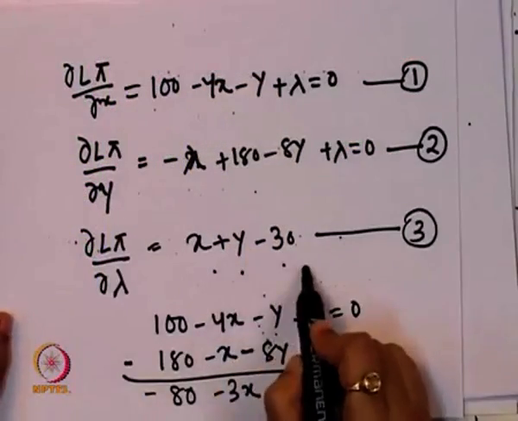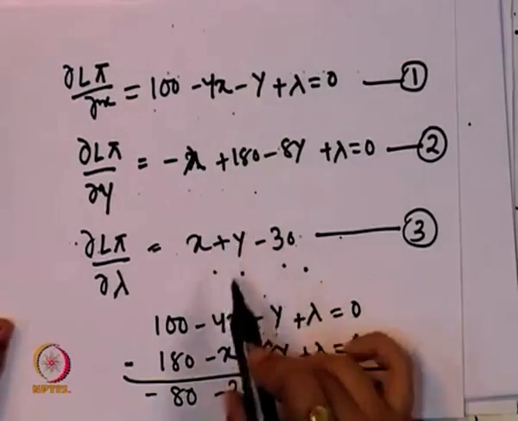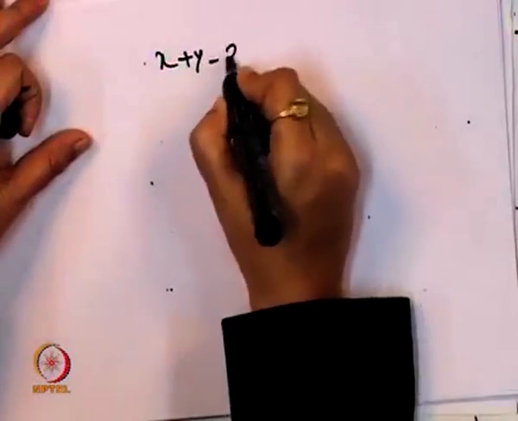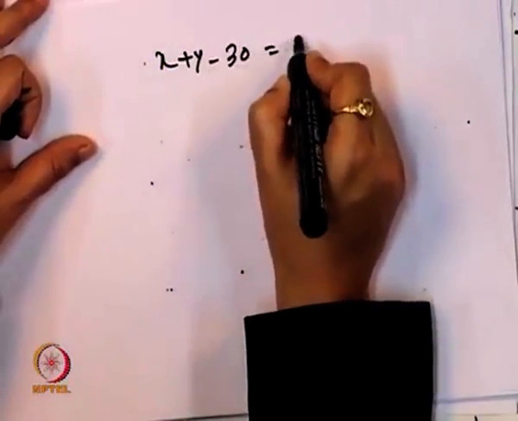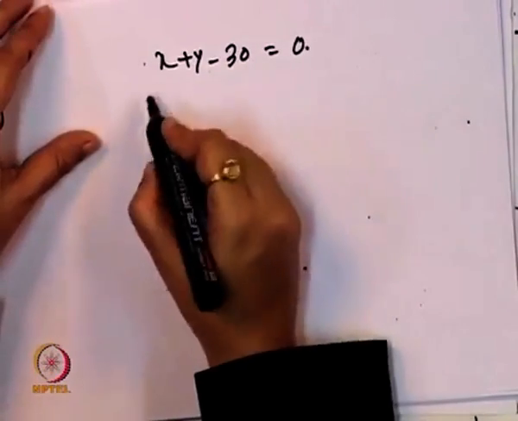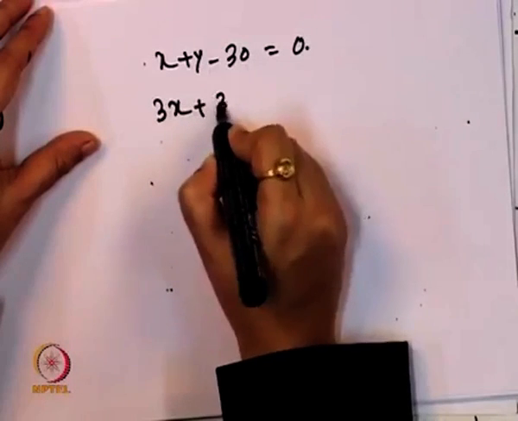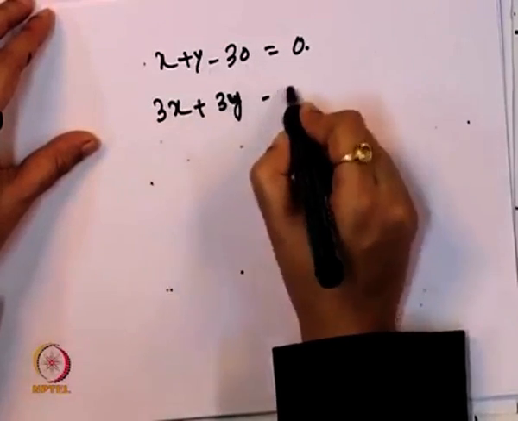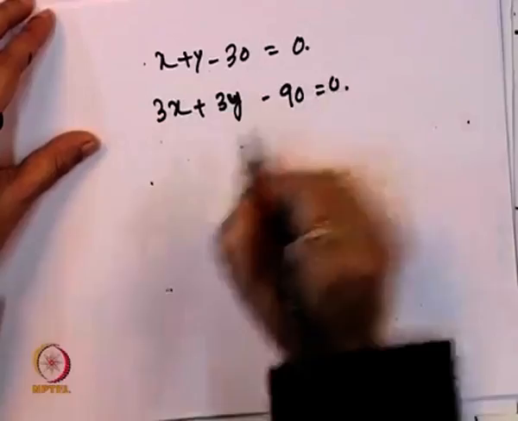Now, look at equation 3, x + y - 30 = 0. We multiply it by 3, so this comes to 3x + 3y - 90 = 0.